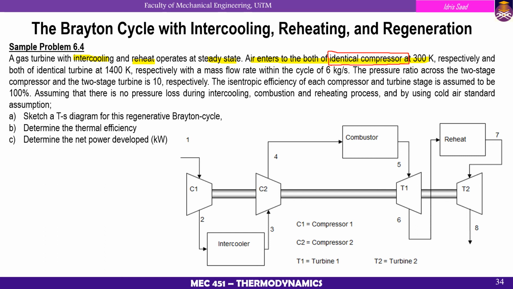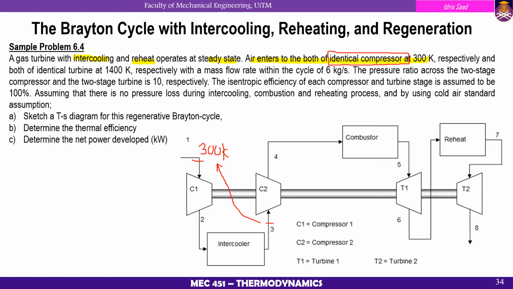Based on the schematic diagram, this is the inlet of the first compressor, which is 300 Kelvin, and this is similar to the second compressor, also 300 Kelvin, because they are identical.